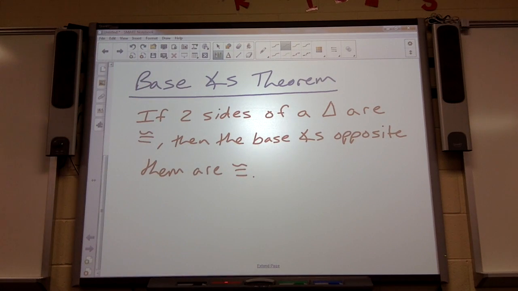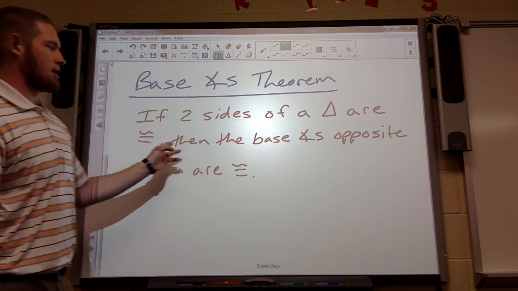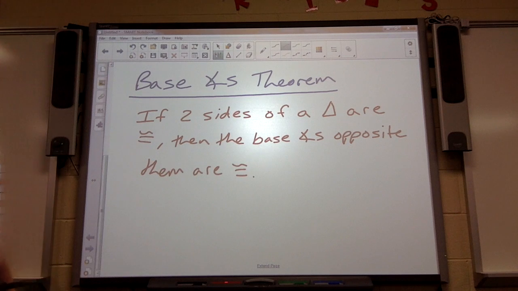If two sides of a triangle are congruent, then the base angles opposite them are congruent. And actually, you can just say, then the angles opposite them are congruent, is what the book says. It doesn't matter. We're talking about base angles, we can say base angles opposite them are congruent.